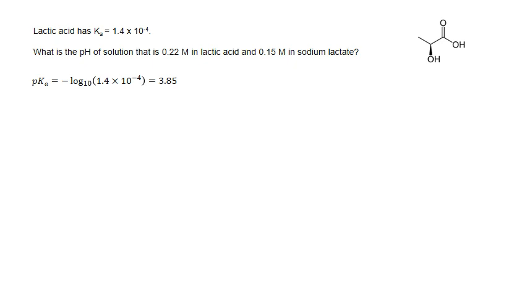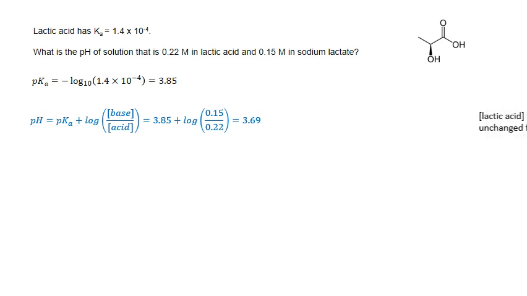We do have to calculate pKa, easy enough to do that. It turns out to be 3.85. So we go directly to the Henderson-Hasselbalch equation, 3.85 plus the log of base, the lactate, over the acid, lactic acid. Do the calculation, it turns out to be 3.69. Okay.